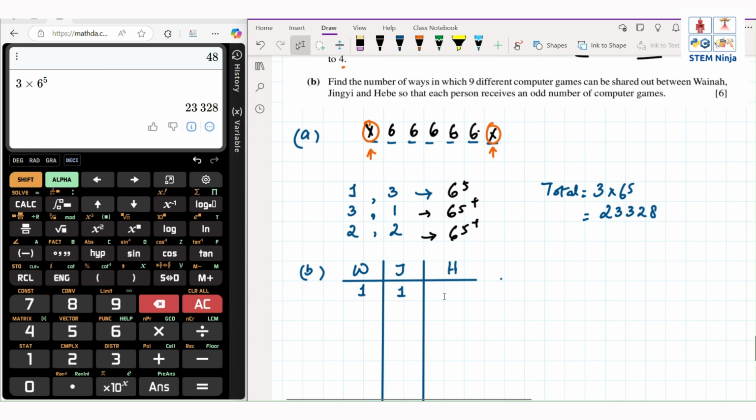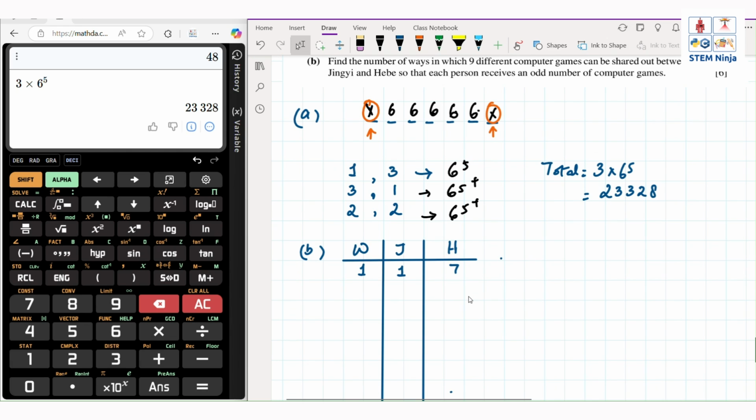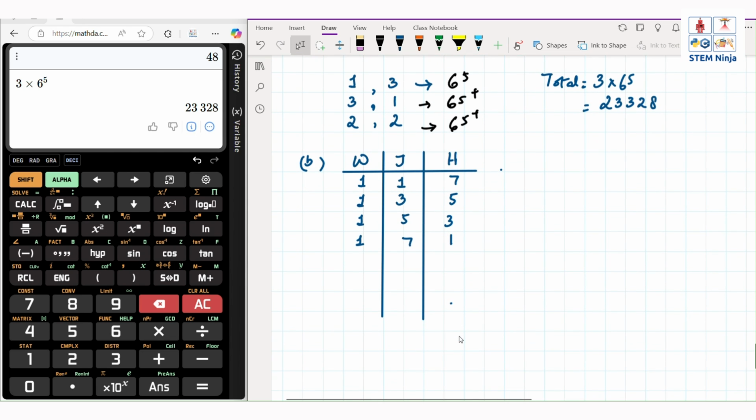So we can start out with 1, 1, 7. We can increase the second one, 3. 1 plus 3 is 4, so 9 minus 4, 5. See, all are odd up till now. So 1, 5, 3, and then 1, 7, 1. Then we increase the first one to 3: 3, 1, 5.